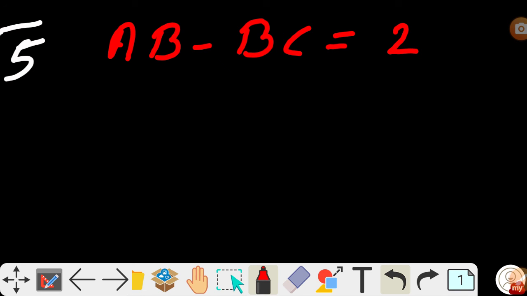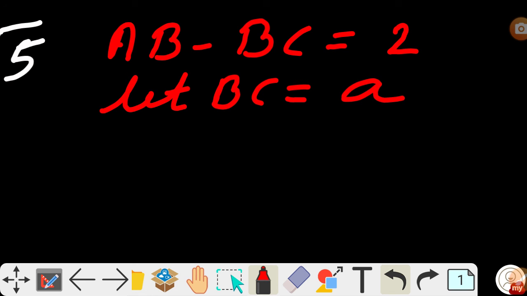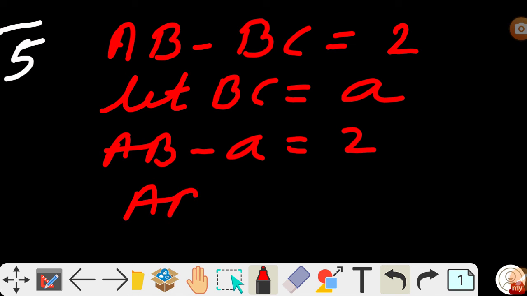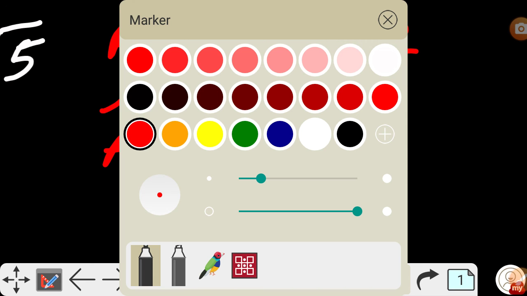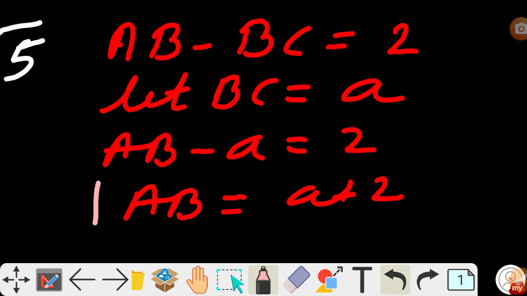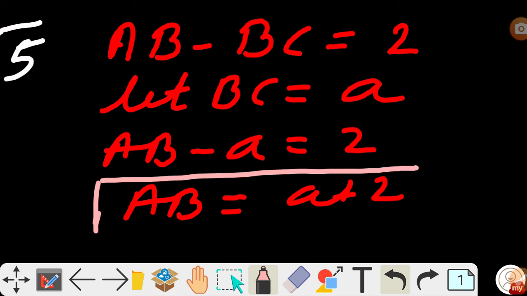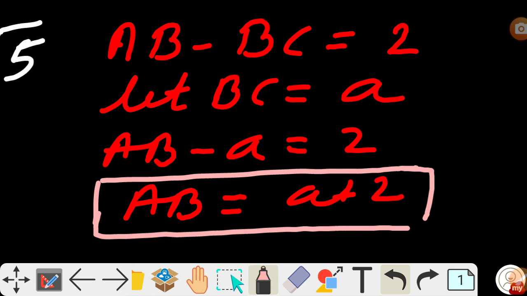So let BC equal to a. Now put the value of a in our equation: AB minus a equal to 2. Then AB automatically becomes a plus 2. The value of AB here is a plus 2. I hope you are able to understand this one.